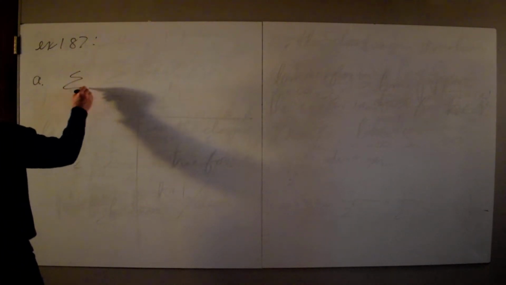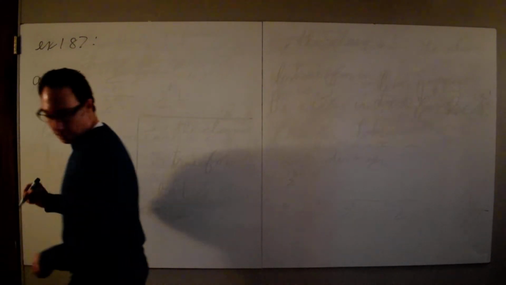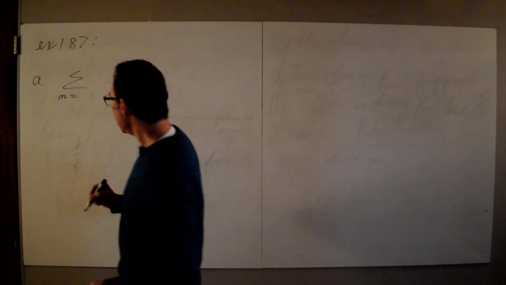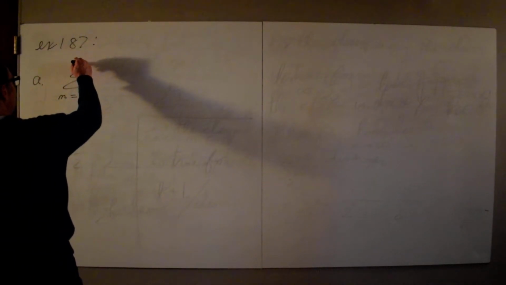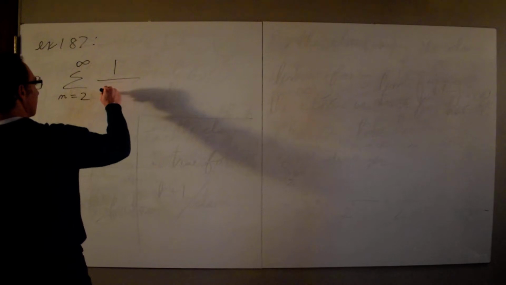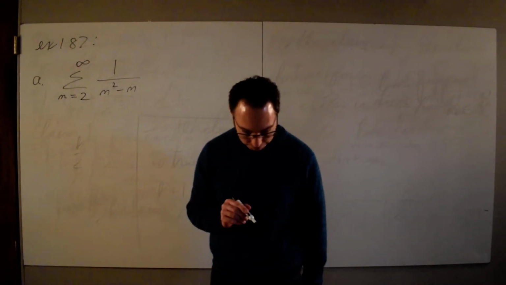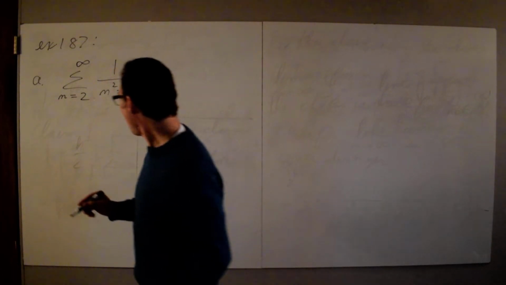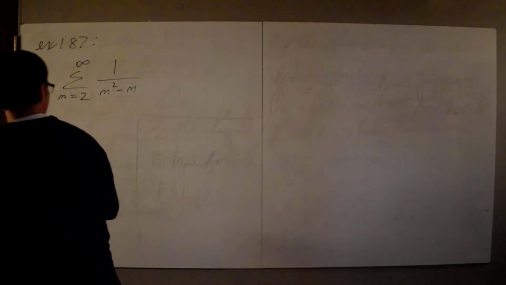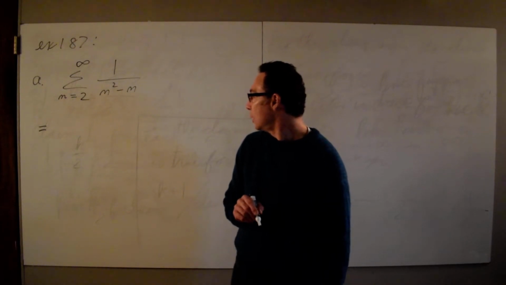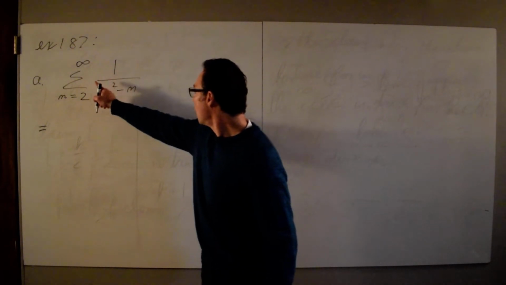Part A is the sum, we start at n equals 2 to infinity, of 1 over n squared minus n. And if you recall from our technique of integration, where we had a partial fraction decomposition, that's what we're going to do with this fraction.